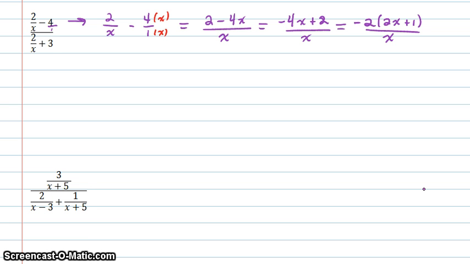Now, one of these might not work, so we're going to have to insert these back into our original equation and see if they work. Okay, so I'm going to look at 4. Does 4 work?